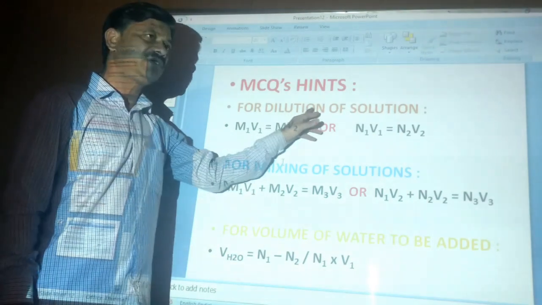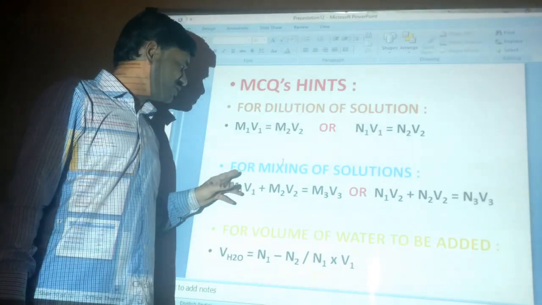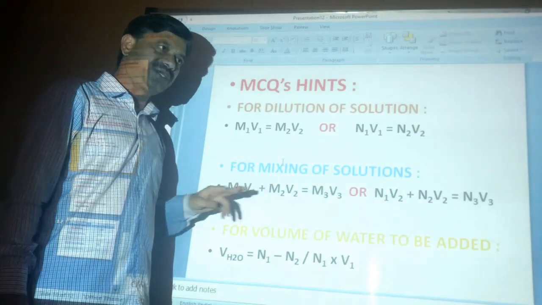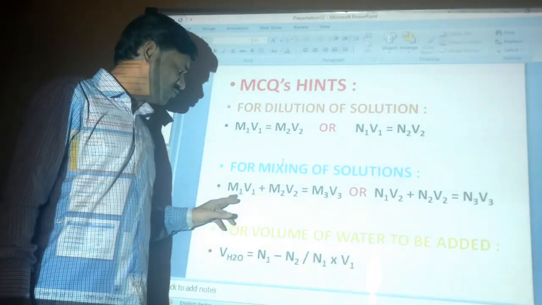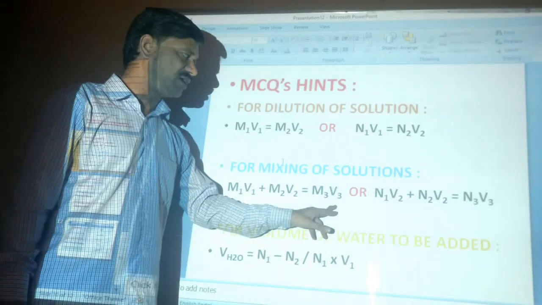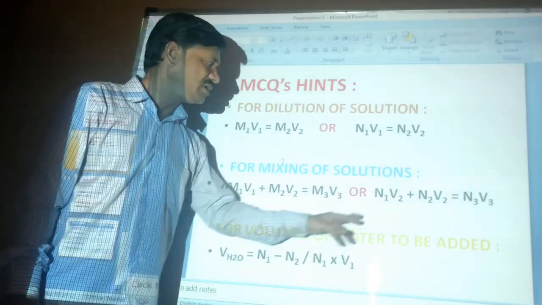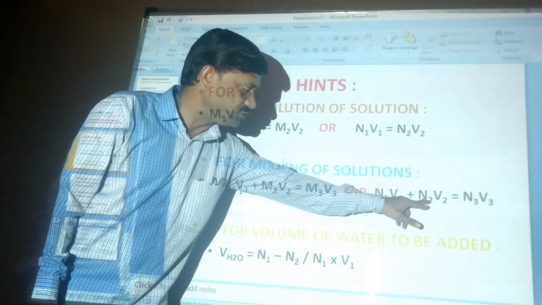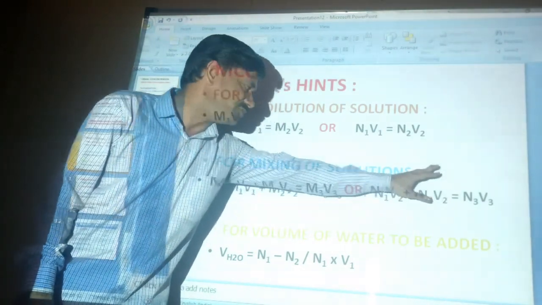This is only for dilution. If there is mixing of two solutions, then we can make use of these relations: M1V1 plus M2V2 equals M3V3. Or if normality is provided, then it becomes N1V1 plus N2V2 equals N3V3.